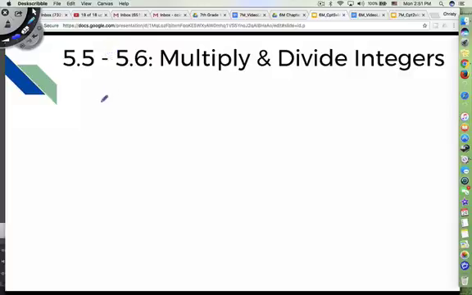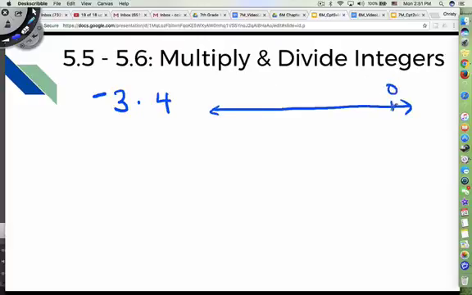Okay. If you think about what multiplication means, let's stick with multiplication for right now. This means 4 groups of -3. -3 groups of 4 doesn't really make sense, but this means 4 groups of -3. So if I am on that number line again, here I start at 0, but then I have 4 groups of -3.